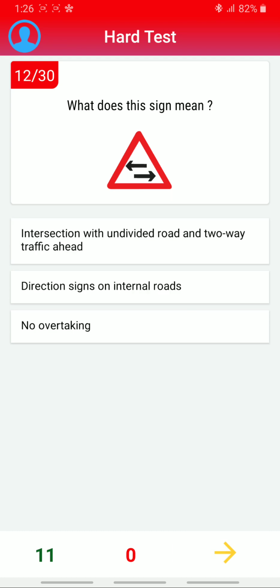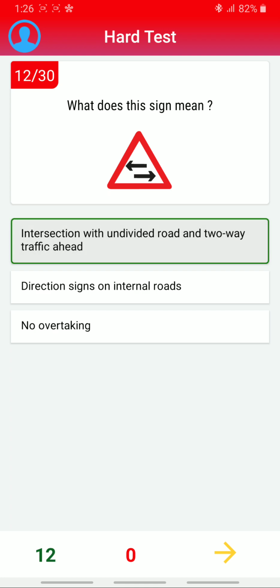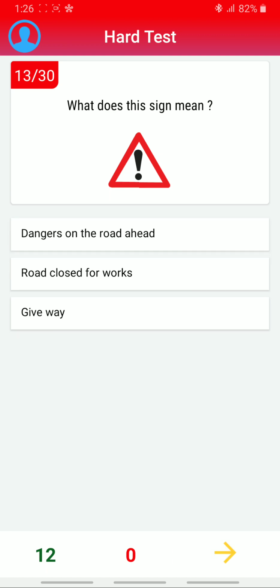This is also again repeating from my previous videos and lessons. This is also an intersection with an undivided road and two-way traffic. Yes, this is a two-way traffic arrow in opposite directions. First answer is correct. What does this sign mean?